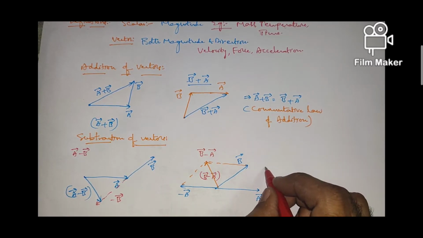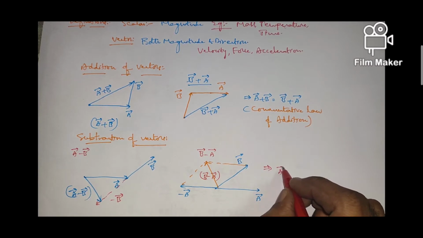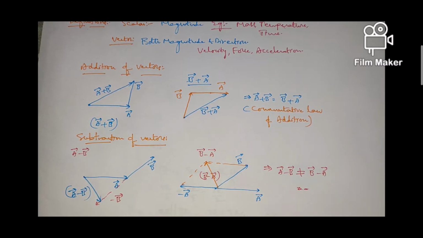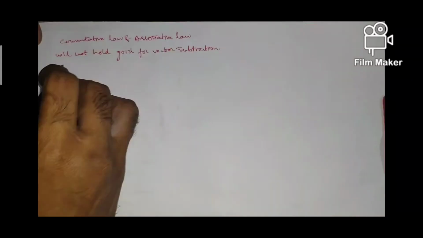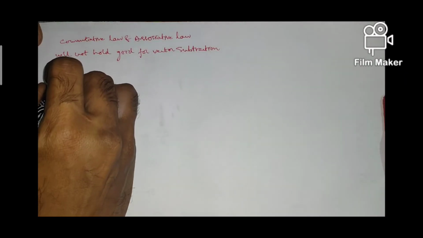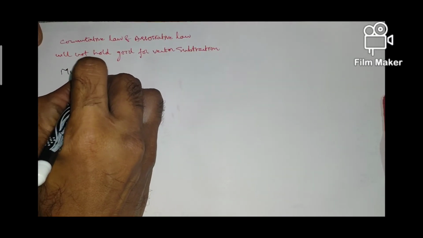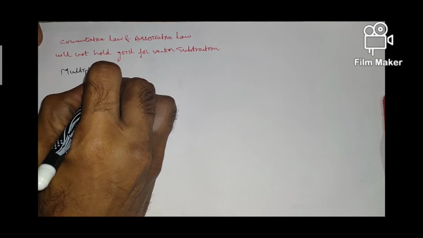Here we can clearly observe that a bar minus b bar is not equal to b bar minus a bar. Hence we can say that the commutative law of subtraction will not hold good for vectors. Hence we can say that the commutative law and associative law will not hold good for vector subtraction.